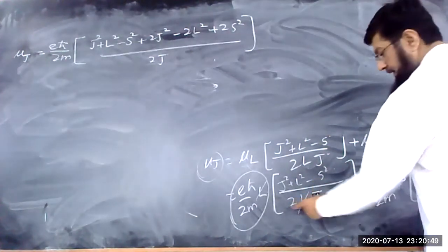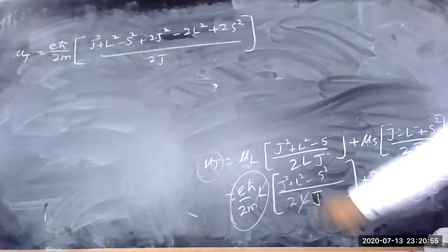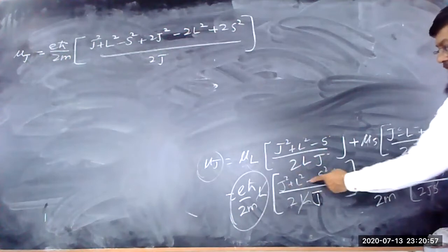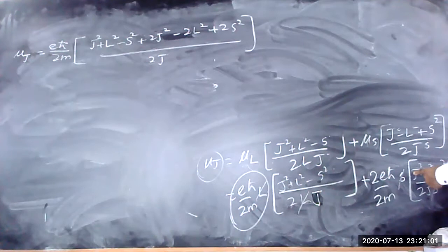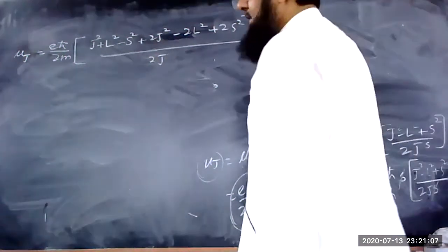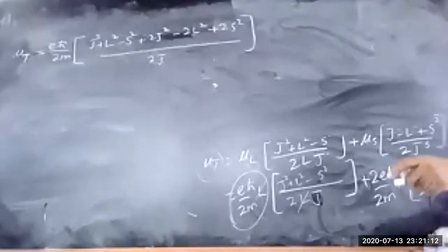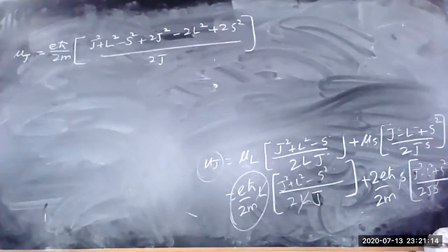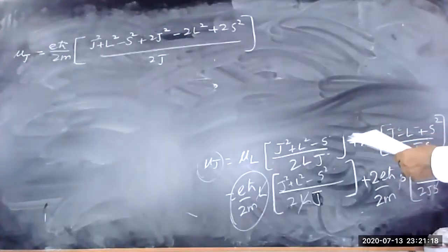Here L cancels, this is 2J, this is 2J. So 2J is common, which is the LCM. So this is J square plus L square minus S square plus 2 multiplied here, 2J square minus 2L square plus 2S square. Now we have to simplify this equation.